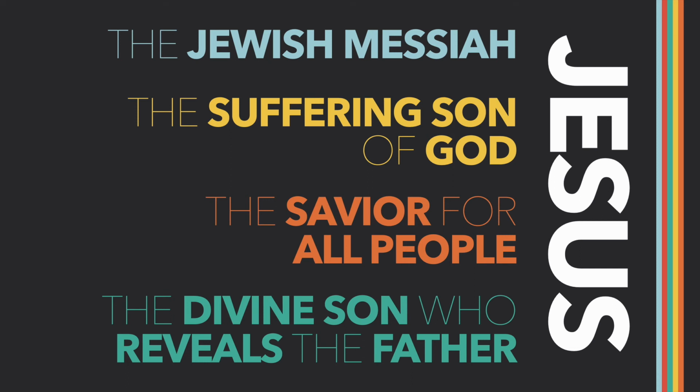To Luke, Jesus is the Savior for all people. Everybody can benefit from the life, death, and resurrection of Jesus of Nazareth. He is the Savior for everybody, and he has come for everybody. And lastly, John gives us the fact that Jesus is the divine Son who reveals the Father. He is truly God with us.